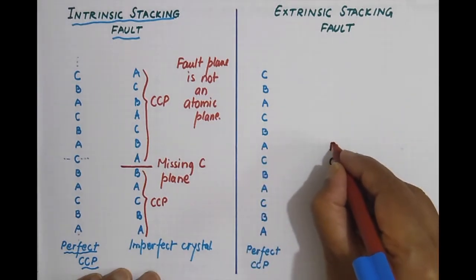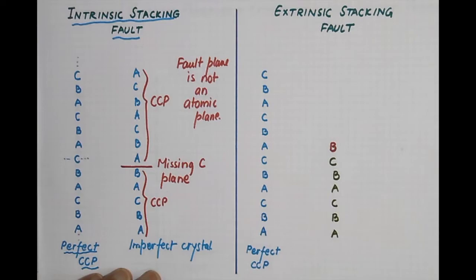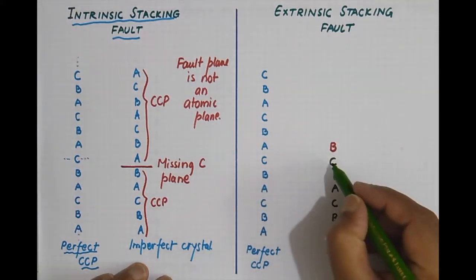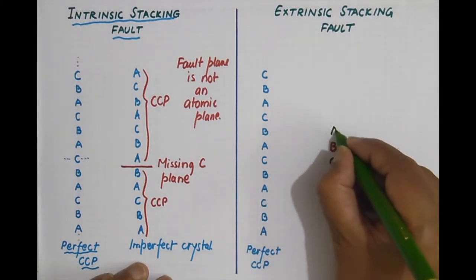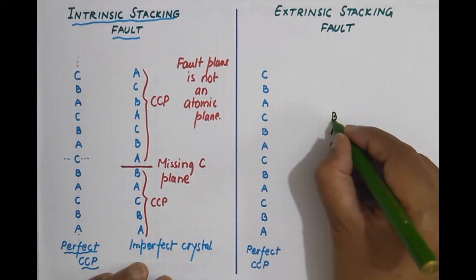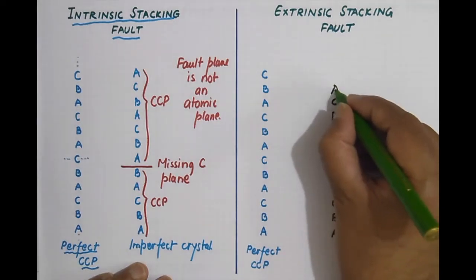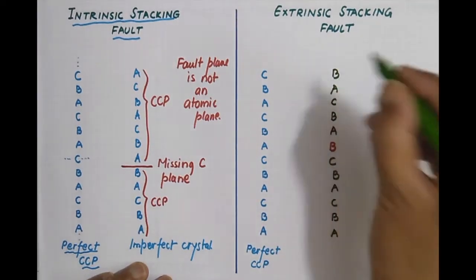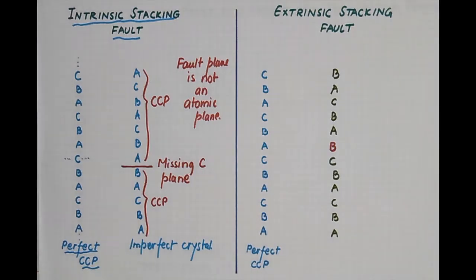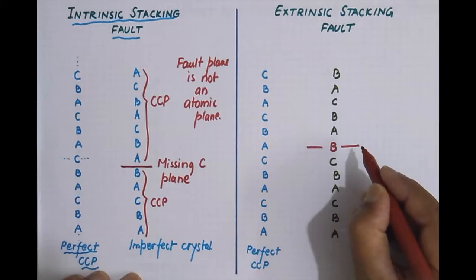After C, instead of A, I put a B plane. And then furthermore we carry on with, after C, A was expected, so I put A, ABC, ABC, and so on. So you can now see this B plane is the fault plane.